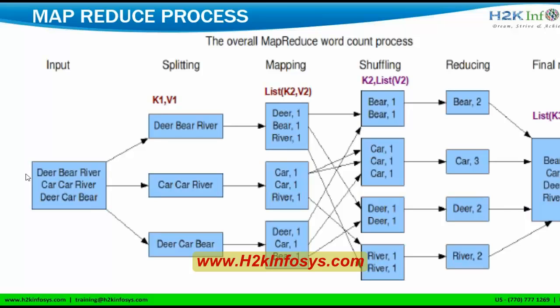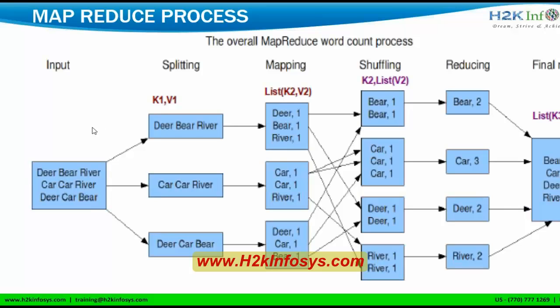My first record contains 3 words, that is deer, bear and river, my second split contains car, river, and my third split contains deer, car, river, bear, right? As per our framework logic, each input split needs to be processed by a map task. So now I have 3 input splits, so definitely I have to get 3 mappers, right?